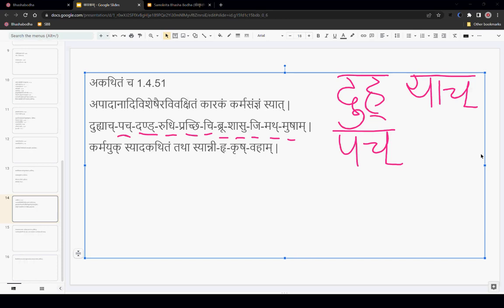Here, obviously, odanam or annam is the pradhana karma. So in all these, when there are two karma padas, one of them will be the pradhana karma, which is the main karma pada, and the other one is supplementary or secondary. It is called gauna karma pada.